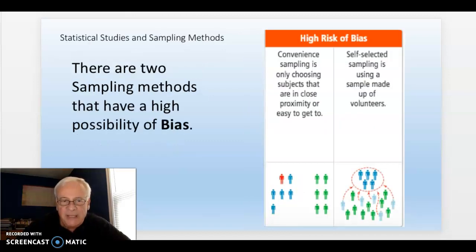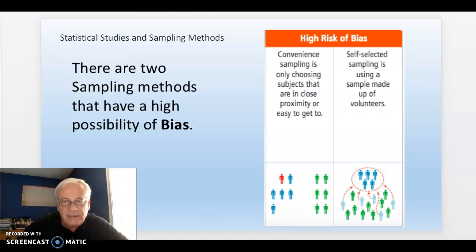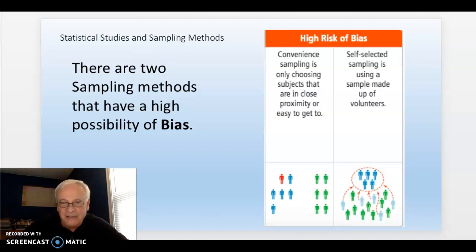Now, there are two types we have to be careful about, because they have a high possibility of bias. The first one is convenience sampling, where you're just sampling people who are nearby you, like asking your friends or the people that sit around you at lunch, your family members, or the people who sit near you on the bus.